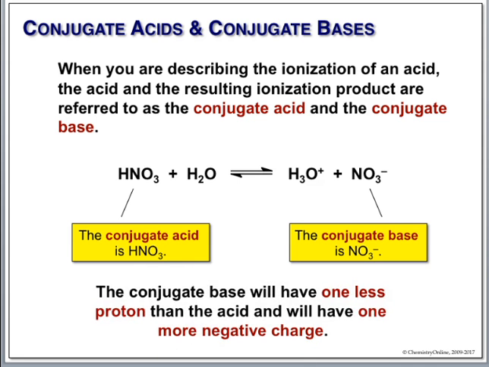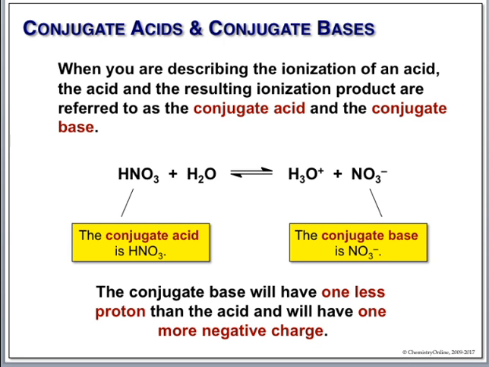Let's look at some examples. Remember that the conjugate base will have one less proton and one more negative charge. Now this is important because a very simple exam question has to do with acid-base pairs.